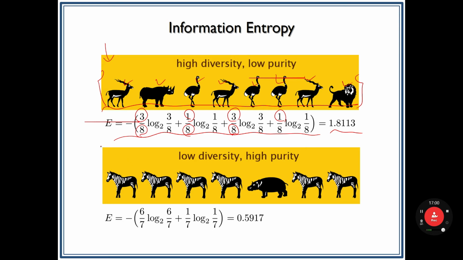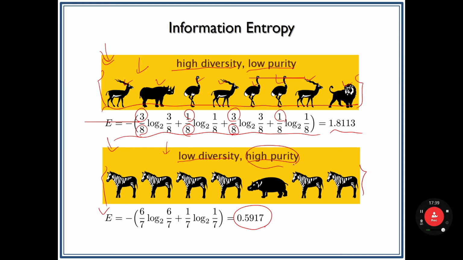But on the other hand, unlike this case, in this set there are 7 animals, and among those, we have 6 zebras and 1 hippo. In this case, by the definition of entropy, we get this number. We can see that the first set has a high diversity, which means low purity. On the contrary, this set has a low diversity and high purity.